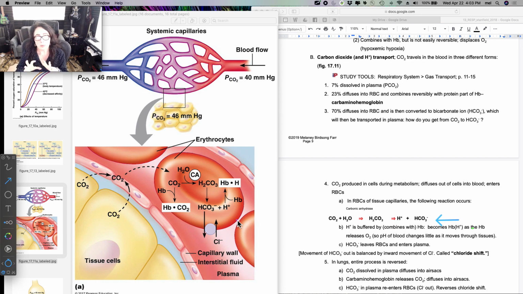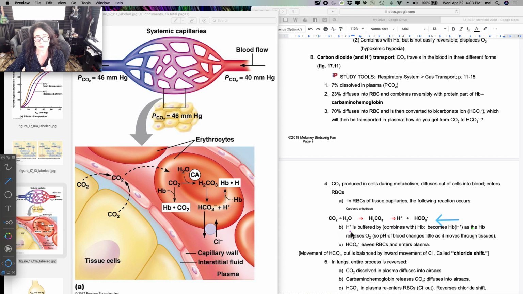So in the red blood cells of systemic capillaries, you're going to force this equation this way. So you know it written like this: CO2 plus H2O via carbonic anhydrase goes to H2CO3, which dissociates to H+ and HCO3-. But then let's figure out what you do with those.